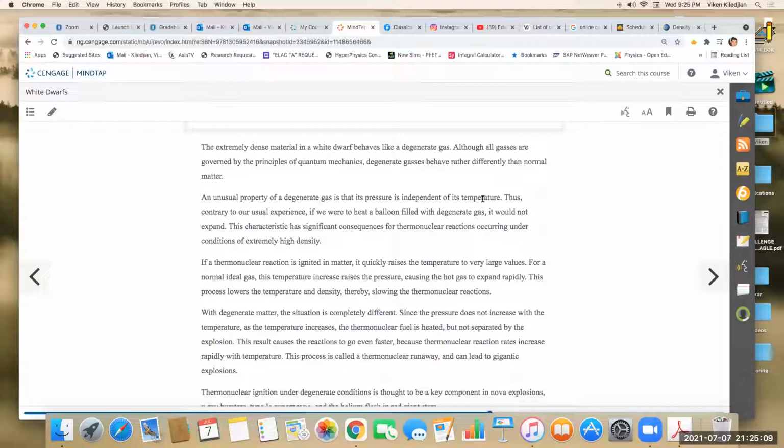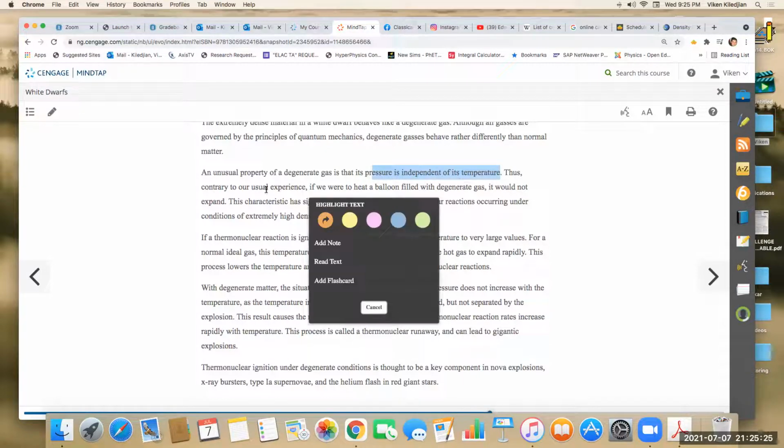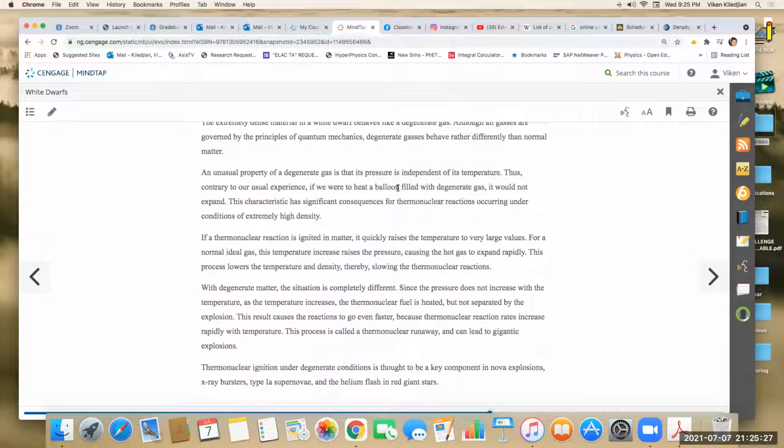In a regular ideal gas, the bigger the temperature, the bigger the pressure will be. But in this one, the pressure is independent of its temperature, you see? So thus, contrary to our usual experience, if we were to heat a balloon filled with degenerate gas, it would not expand.